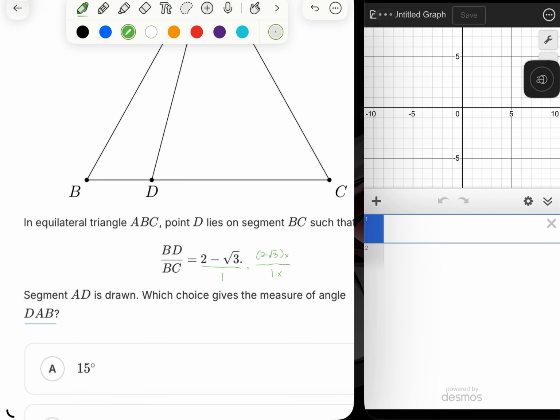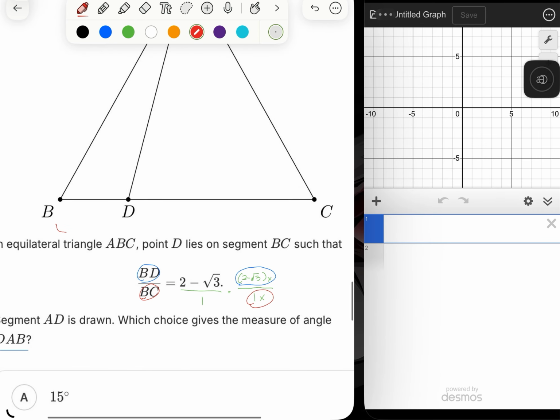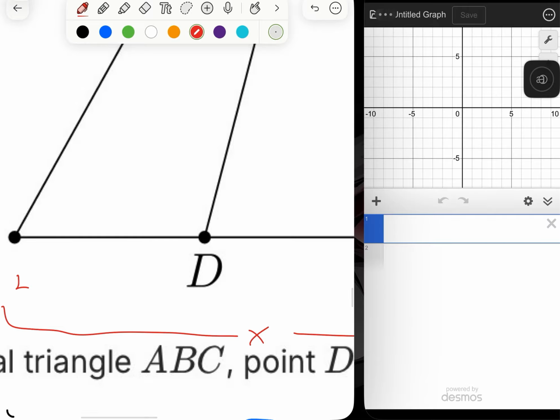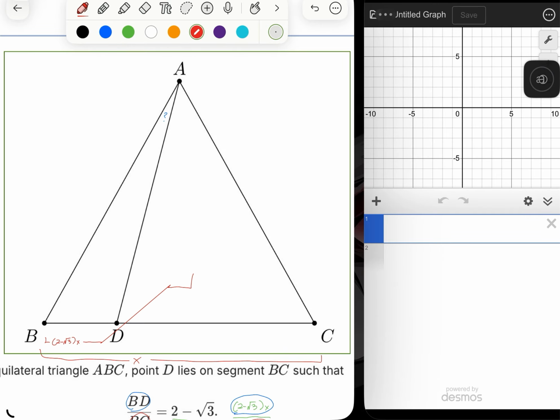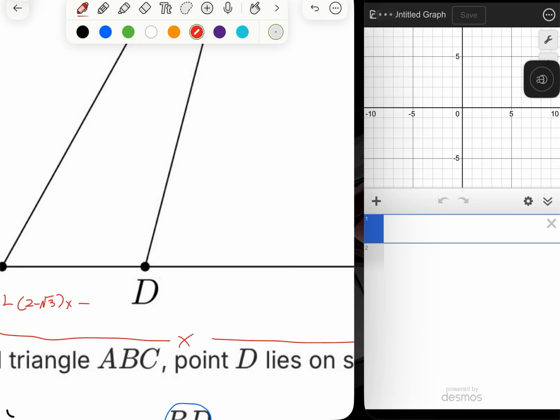Because now you can set BD equal to this and BC equal to this. So if BC is x, BD is 2 minus root 3 x.